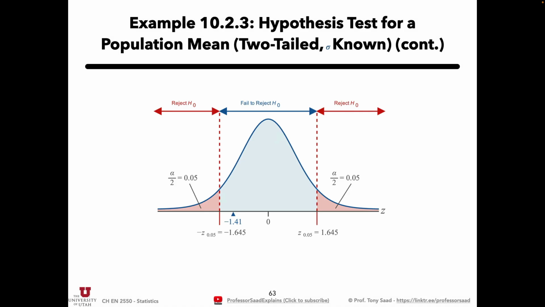For the p-value, you focus on your test statistic. You draw the line, you calculate the area to the left if you're doing a left tail, the area to the right if you're doing a right tail. If you're doing a two-tail, you take the mirror image of this, so there's a 1.41 here, and you calculate the area to the left and the area to the right of this. But they're equal, right? So you only have to do the area to the left of this guy, for example. Okay?